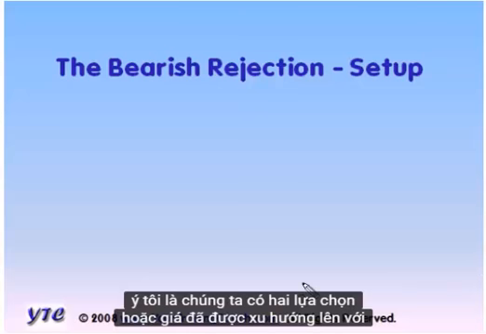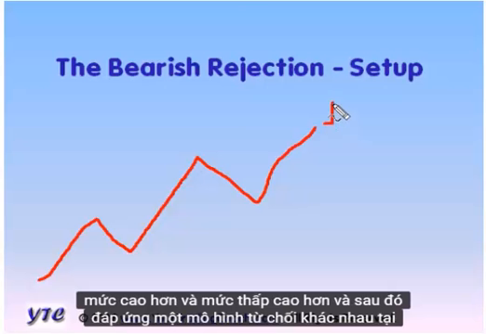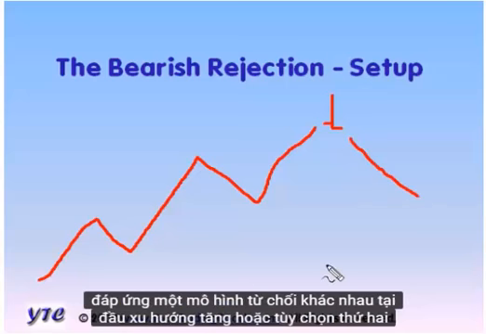Either price has been trending up with higher highs and higher lows, and then meets a bearish rejection pattern at the top of the uptrend.